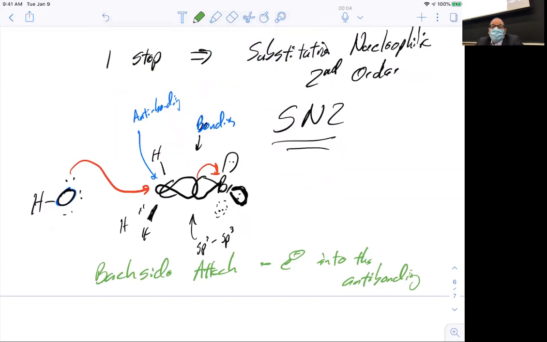We're giving the electrons to the anti-bonding orbital. That means that whenever we look at an SN2 process, we're always adding the nucleophile in an opposite position to the leaving group. Okay? The electrons from the hydroxide are coming in from one side, the leaving group has to leave from the other side.